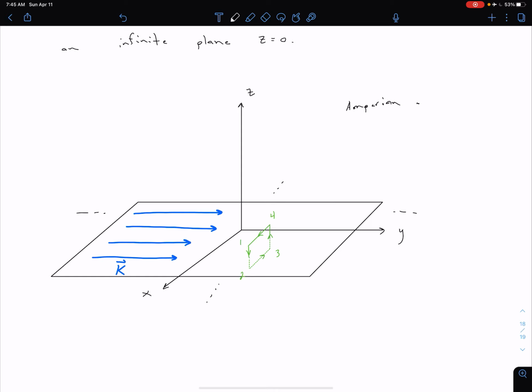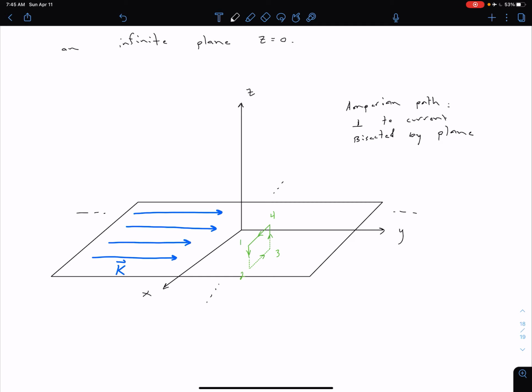So our Amperian path is going to be perpendicular to our current, and we also note that it is bisected by that plane. So half of it is below our z equals 0 plane, half of it is above. And so that's what's indicated by those dashed lines, that it's going below the plane. And so you can see we're going along this path 1, 2, 3, 4, 1.